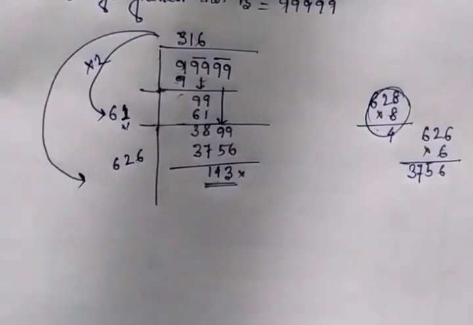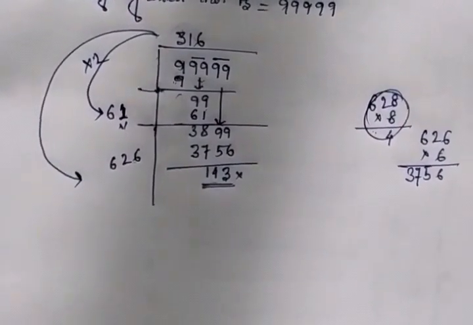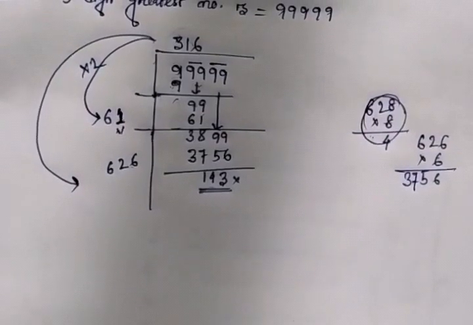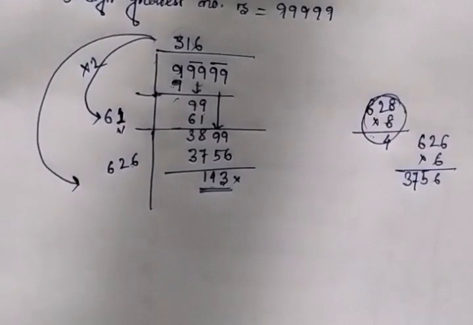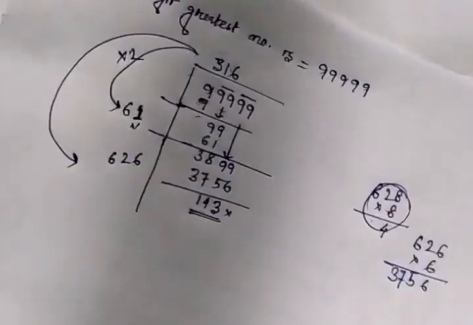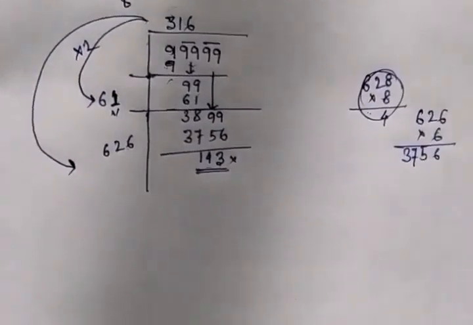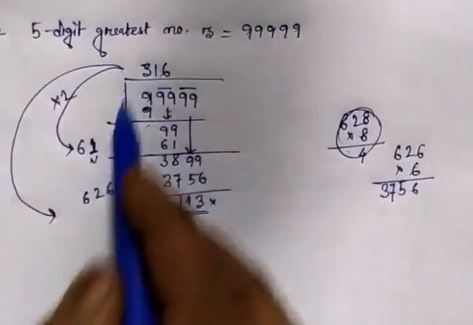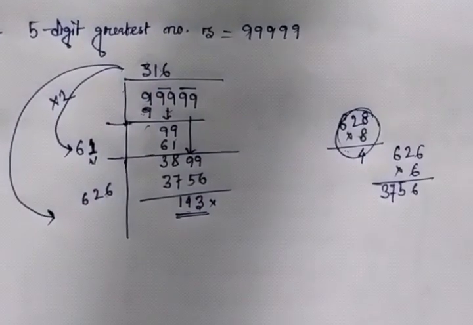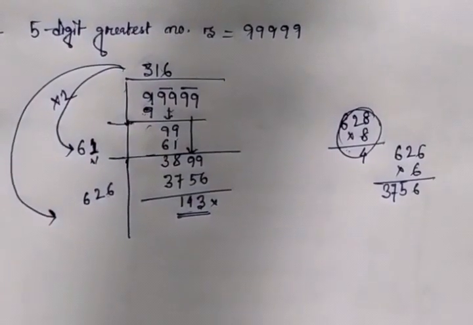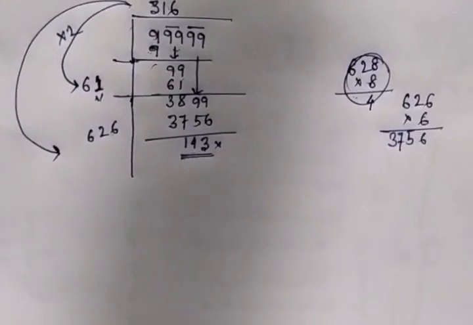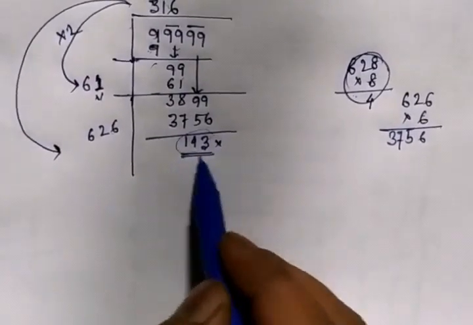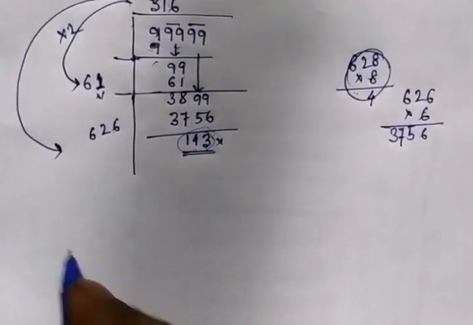So for the first question, what is the first question? I forgot. The first question is: find the greatest 5-digit perfect square number. What is the answer? If we subtract 143, then we get the answer.